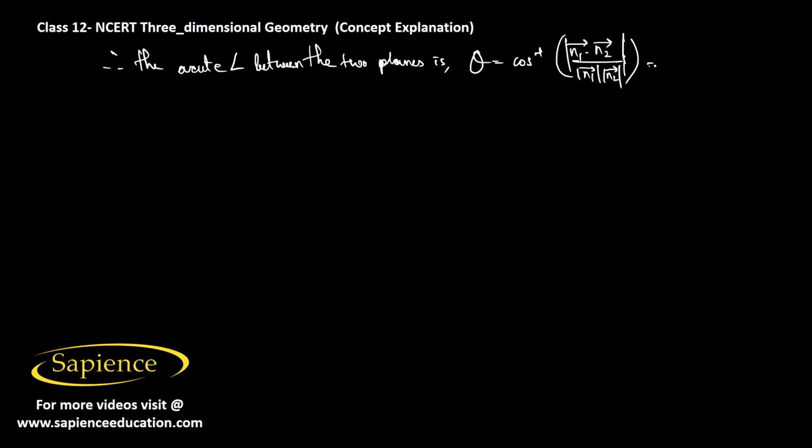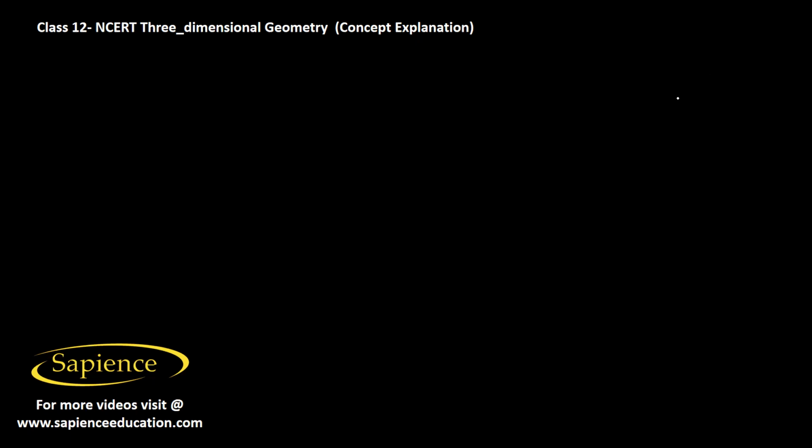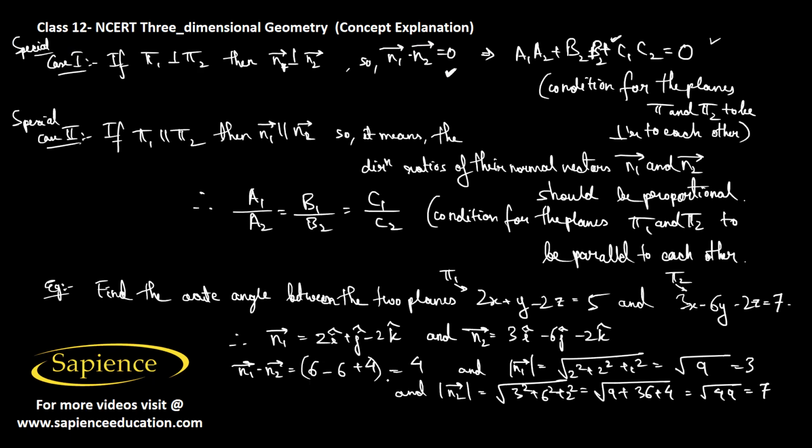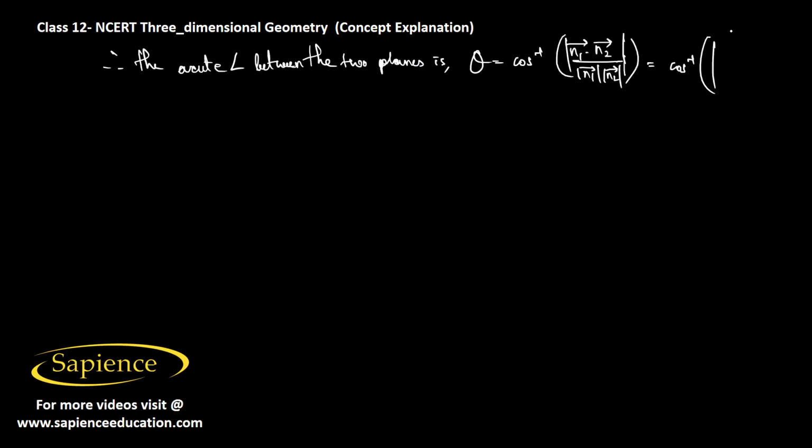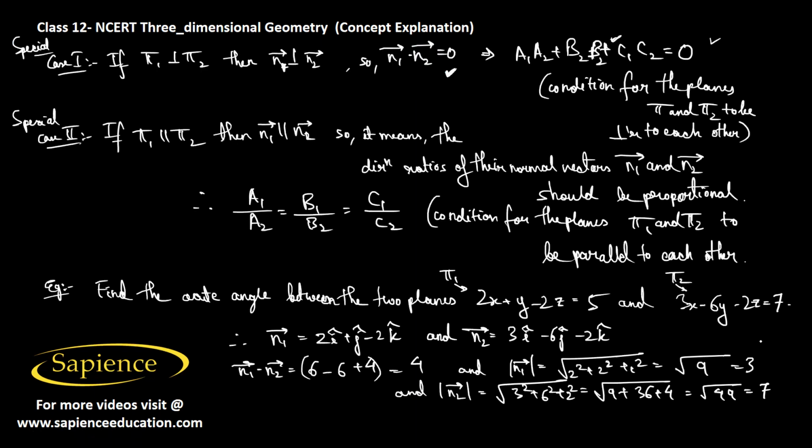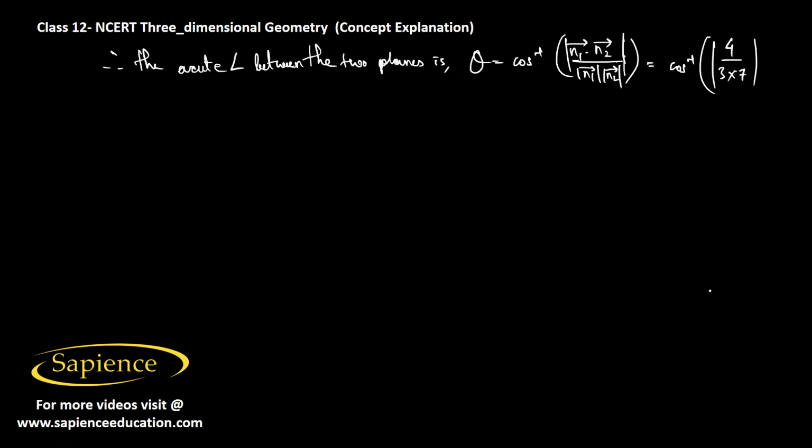So that would be equal to cos inverse of mod 4 by 3 into 7, since n1 magnitude is 3 and n2 magnitude is 7. So therefore the required angle theta would be equal to cos inverse of 4 by 21. So this is the answer. Thank you.